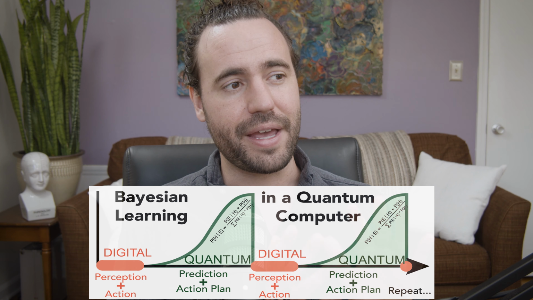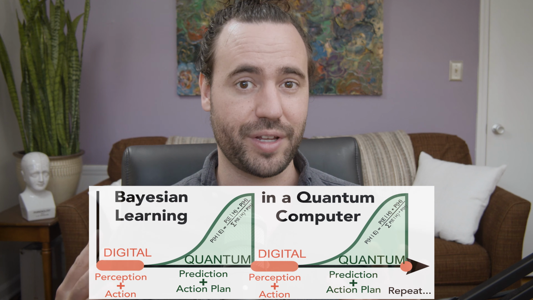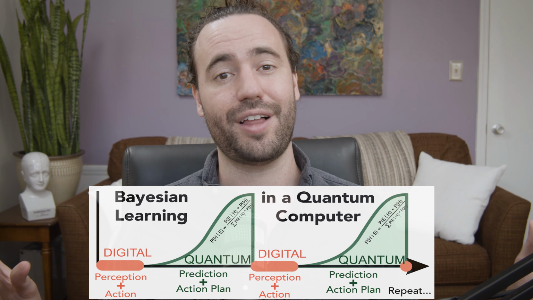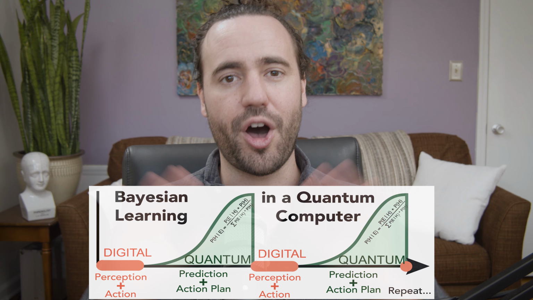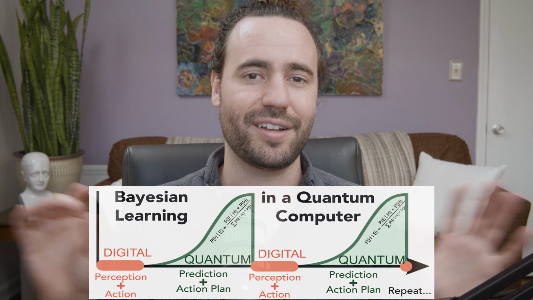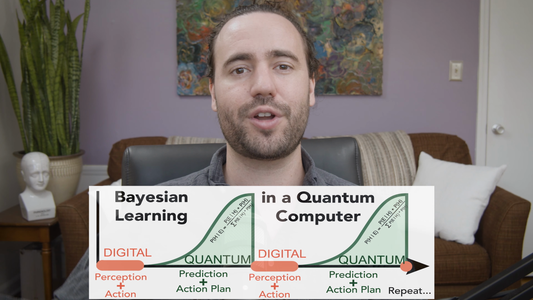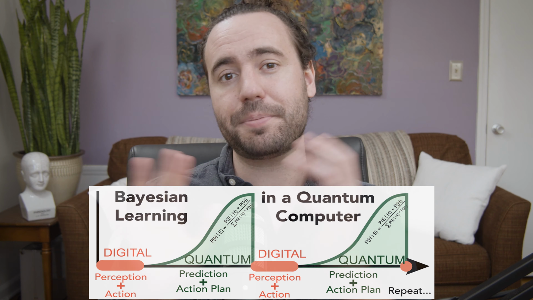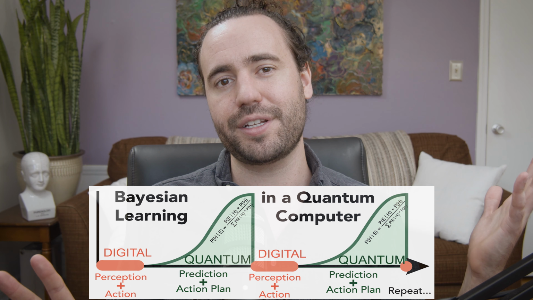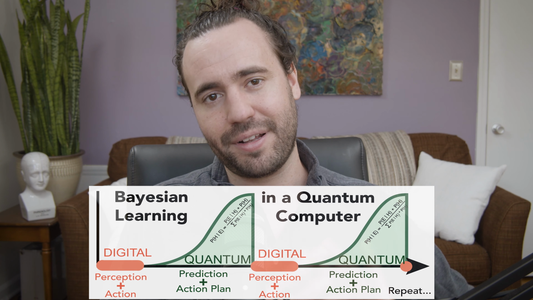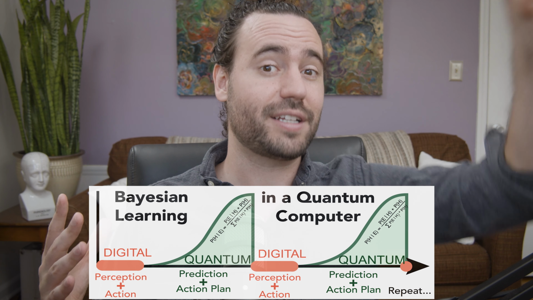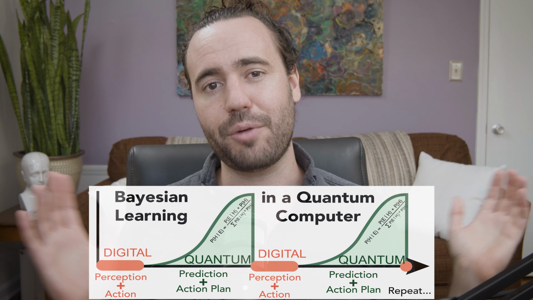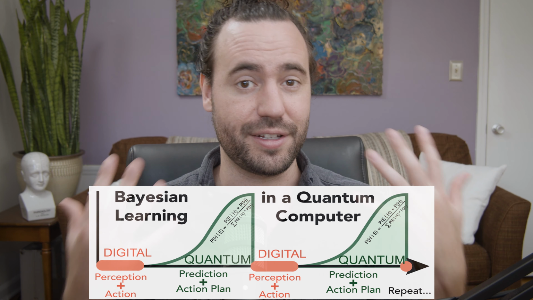And then, based on that immediate feedback that you get, you update your priors, you update your model of the world, and when you evolve into that wave function quantum state again, you're integrating this information that you've just received, and you're updating your models, you're updating your probability distribution, and then you're planning out your next predicted perception or predicted action plan. And then we go into the digital phase and we acquire evidence again.